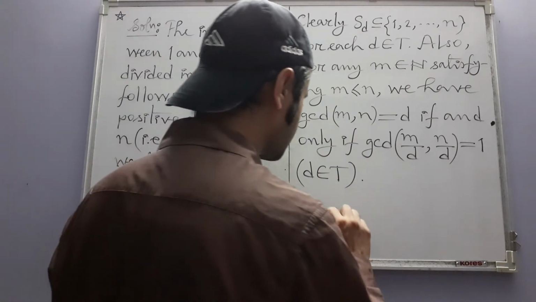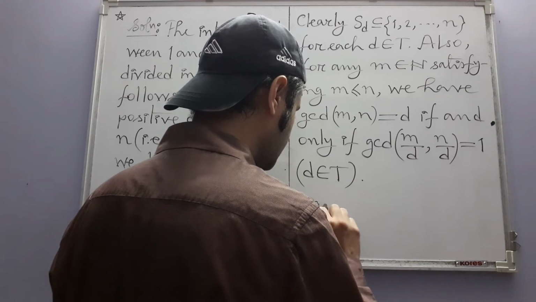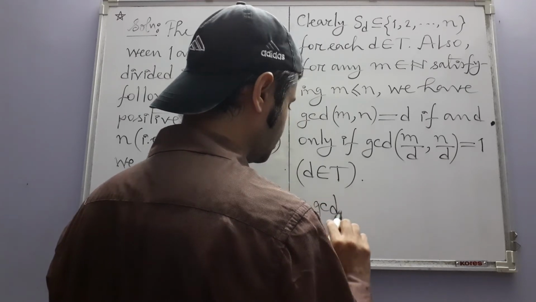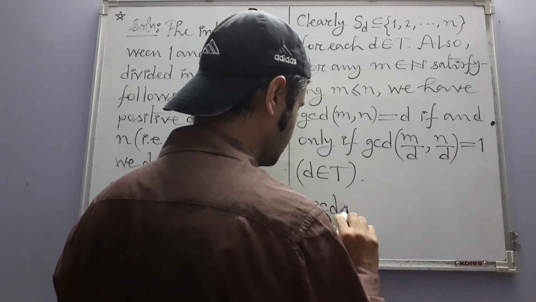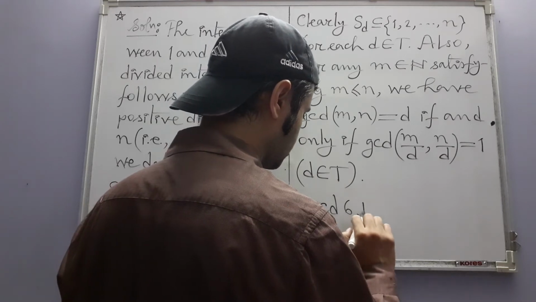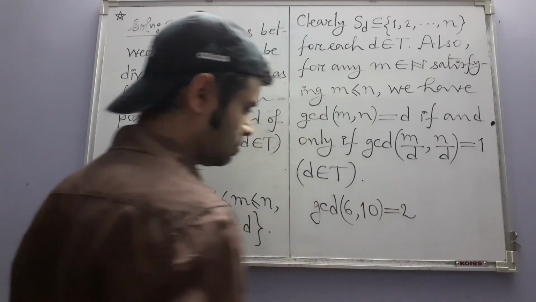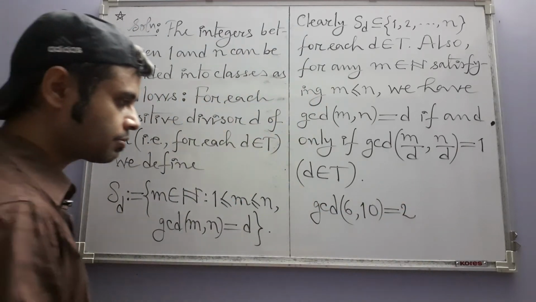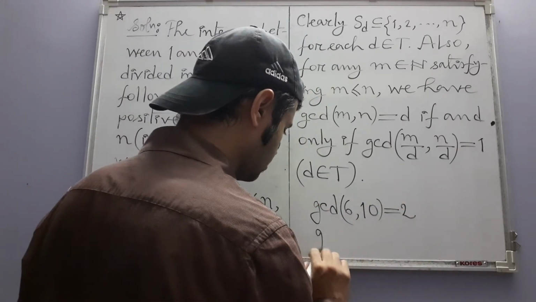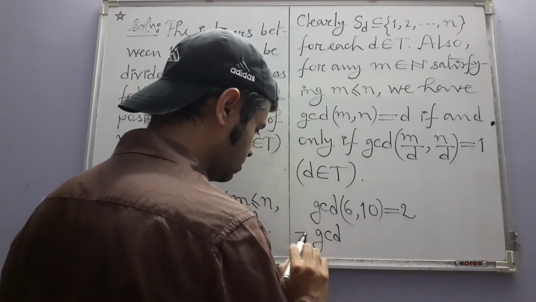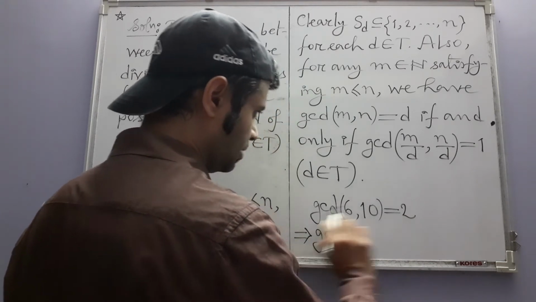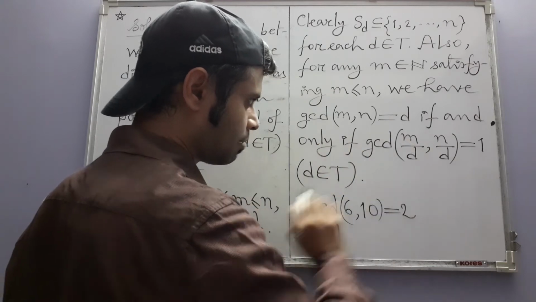You can just simply see this property working, for example, here in this case. This is 2. Now, we see one half of this double implication.